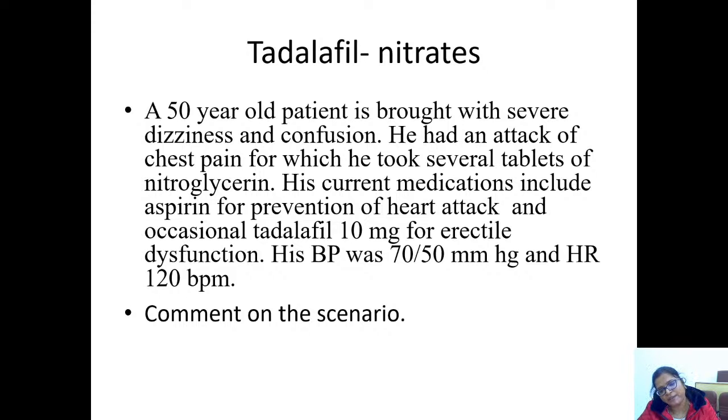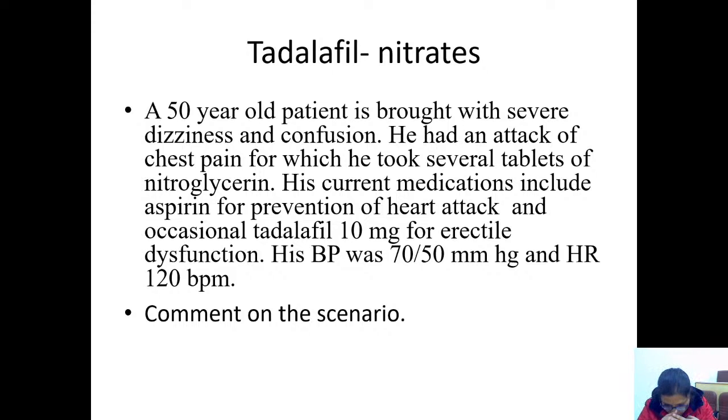Now what happened after this was, his BP was 70 upon 50 mm of Hg and heart rate 120 beats per minute. Now if I ask you to comment on this scenario, let's go backwards. You see a patient whose blood pressure is 70 upon 50 and heart rate 120. So of course the patient is hypotensive and tachycardic.